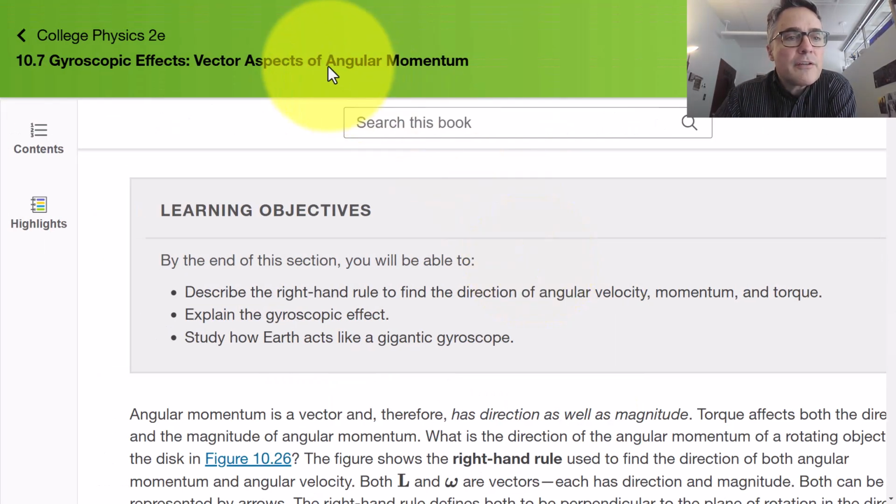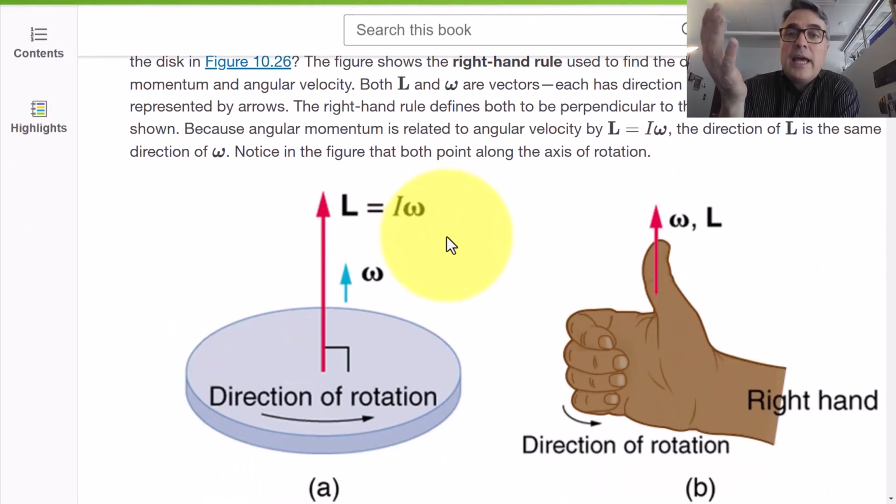And the last section of chapter 10 is about gyroscopic effects, the vector aspects of angular momentum. So angular momentum L has a direction which is perpendicular to the plane of rotation. So if something's rotating in a plane, you define the angular momentum vector to be a vector which is perpendicular to that plane of rotation.